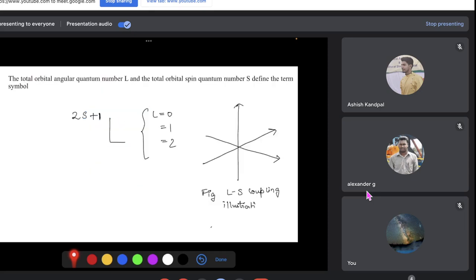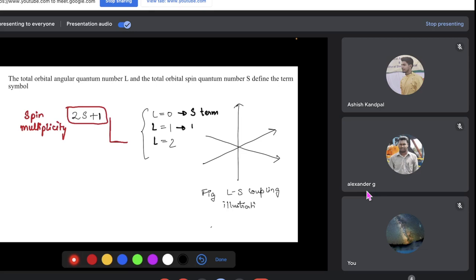I should tell you beforehand that the total orbital angular momentum quantum number L and the total spin quantum number S define the term symbol, as here 2S plus 1, which is the spin multiplicity, and this is my capital L. If the value of L is 0, this is denoted as an S term.